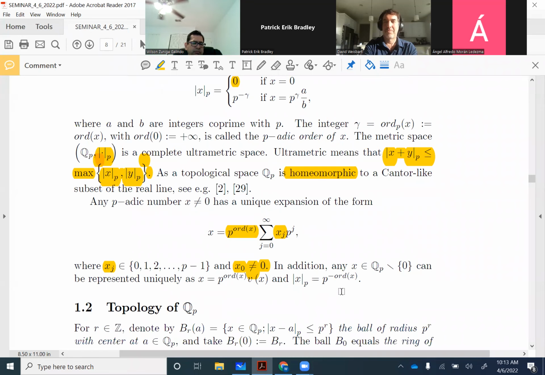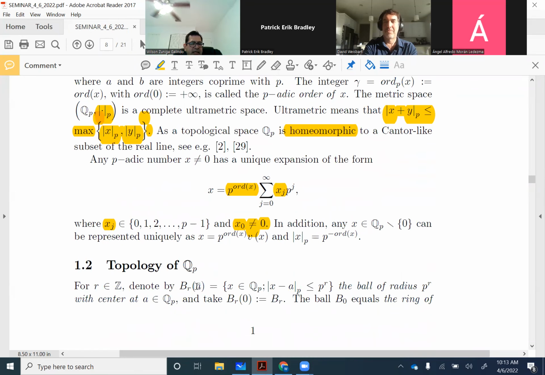As I said, Q_p is a metric space. So this symbol denotes the ball with center at a and radius p to the r. Okay, so this is the set of all points in Q_p such that the distance to the center is less than or equal to p to the r. Okay, we use this notation if the center is 0.